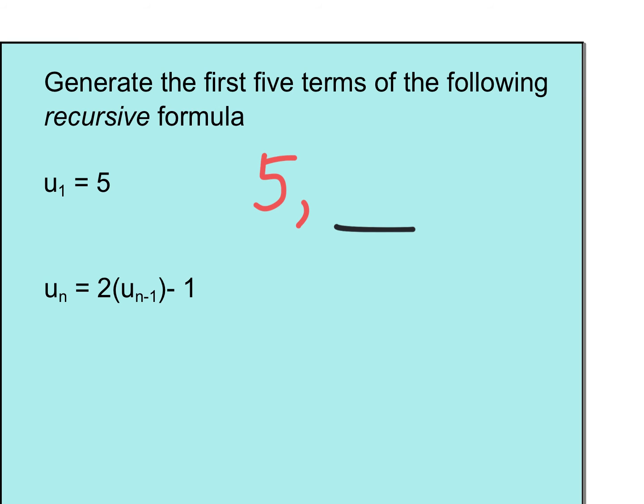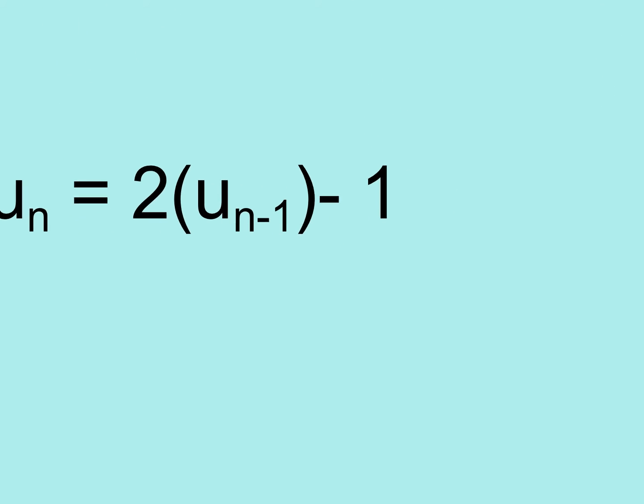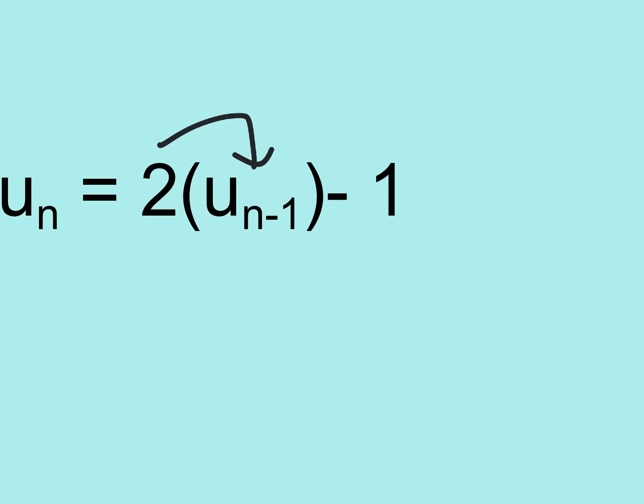Well, what do you think we should do to the 5? Come on, you can do this. Do you think subtract 1 is involved? Yeah. What do you think that 2 means then? Two times the term in front of it.